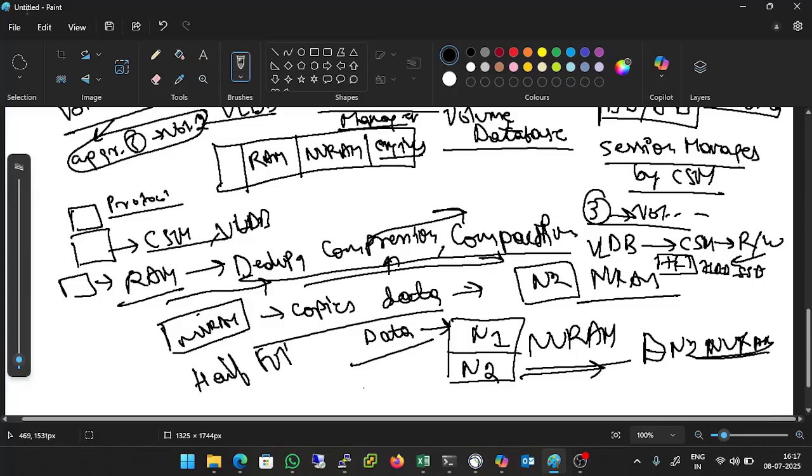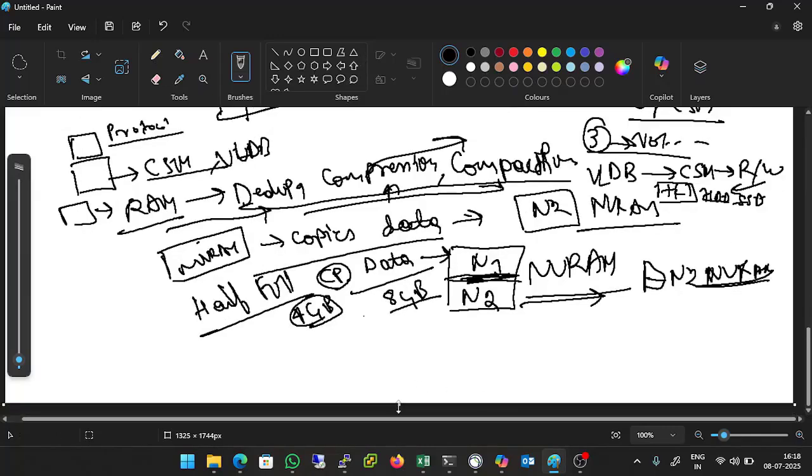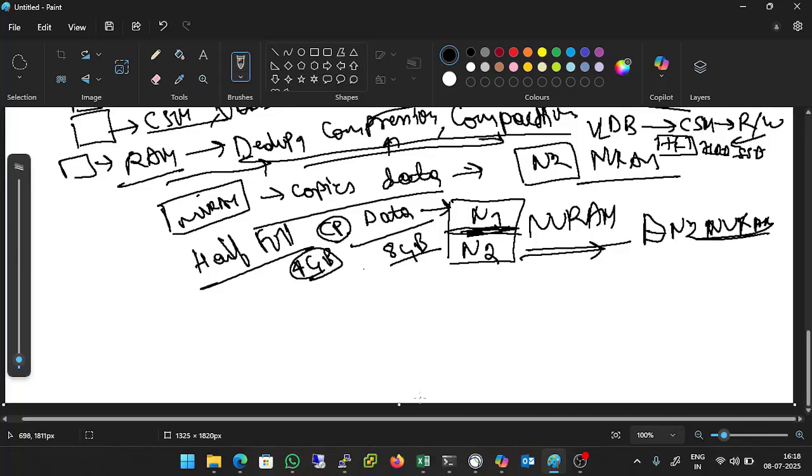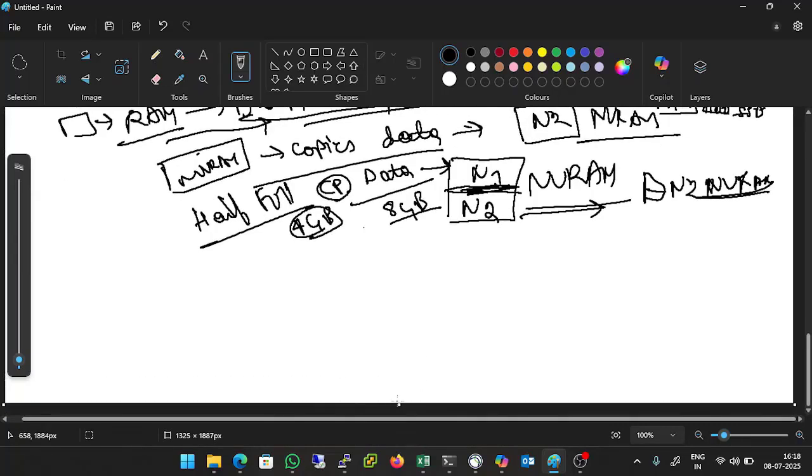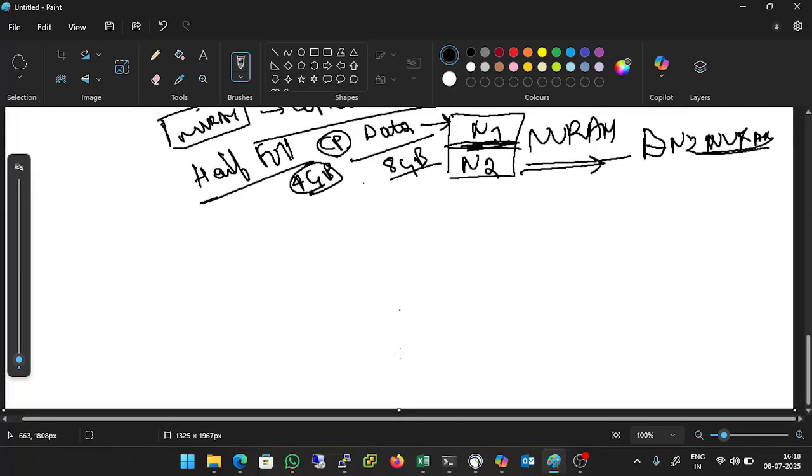What NVRAM follows is a half-full feature. Half-full means, suppose it is 8 GB of NVRAM, whenever it gets full by 4 GB of data, it performs a CP. What exactly is CP? CP means flushing the data to the disk. This happens once my data is processed through deduplication, compression, and compaction.